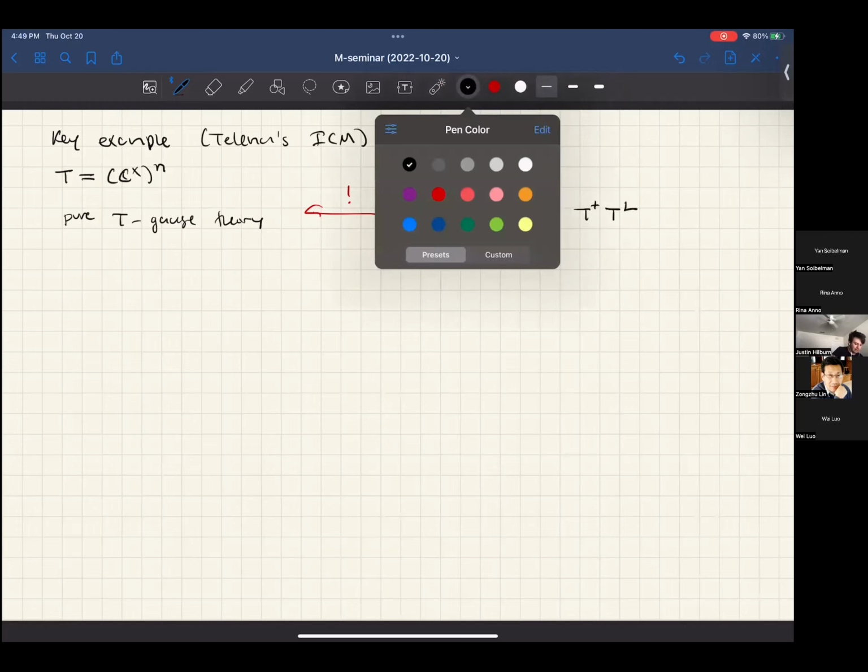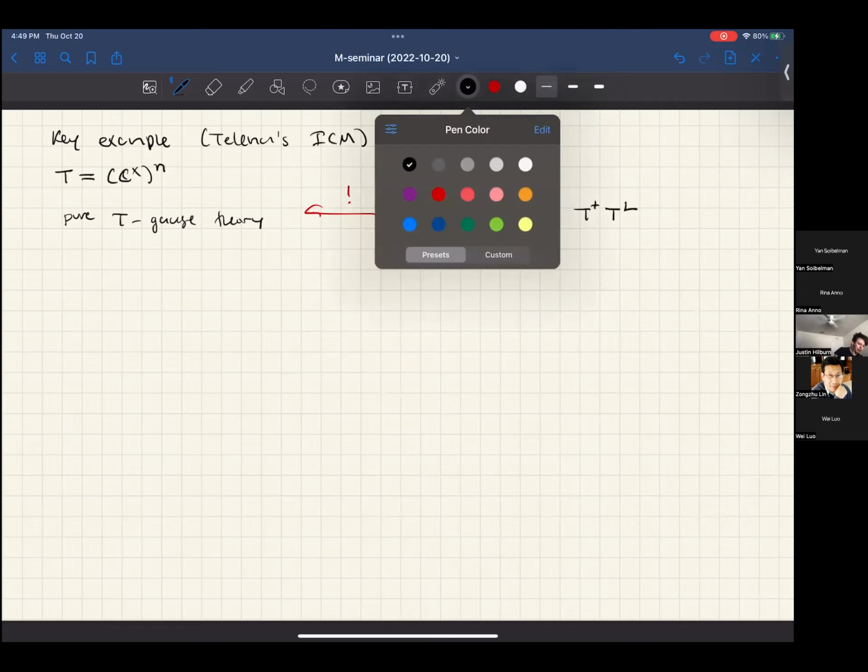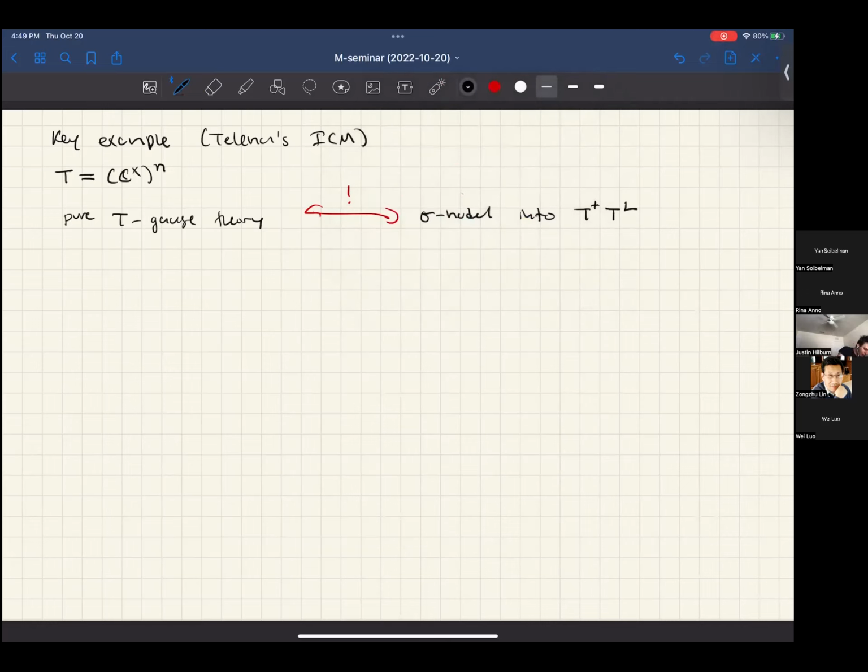And Teleman was able to describe these categories in a purely combinatorial way, and that's very good. One thing I like to do is think of gauge theories as sigma models into stacks. So I'm going to think of this as a sigma model into T star BT. It's just helpful to unify the two cases.